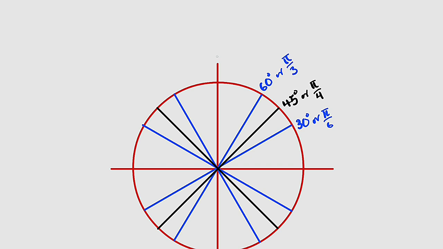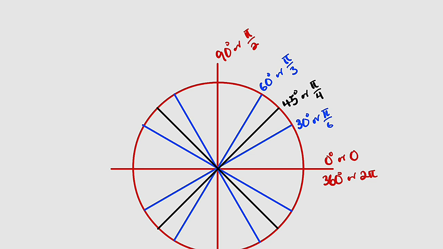Then this is 90 degrees or pi divided by 2. And remember that if you call it 0 degrees, you can also call it 0 radians. And if you call it 360 degrees, you can call it 2 pi, right?